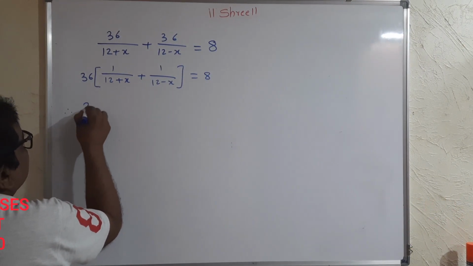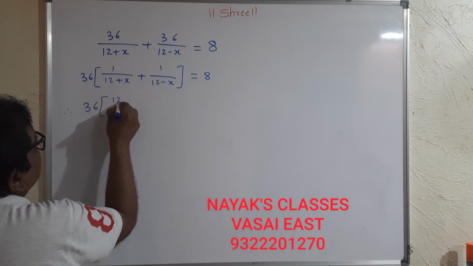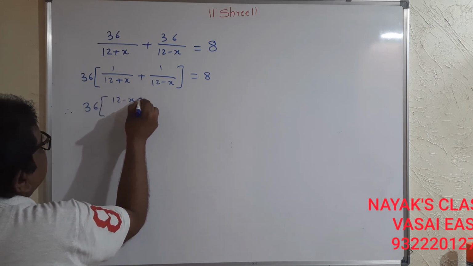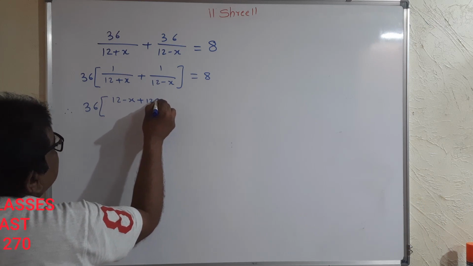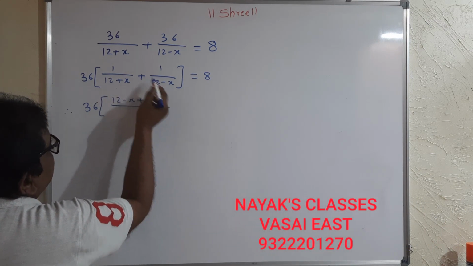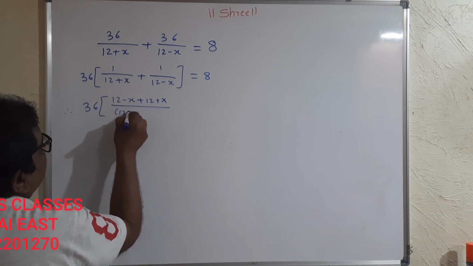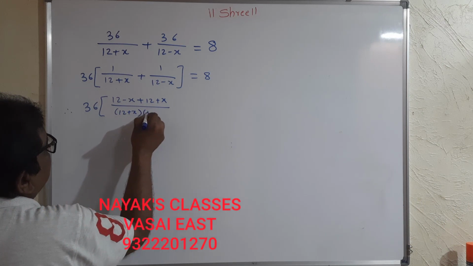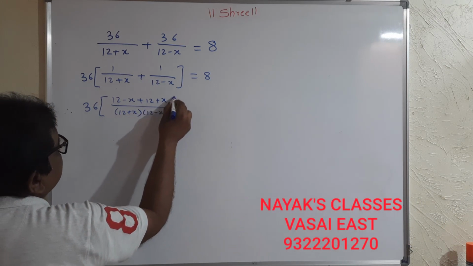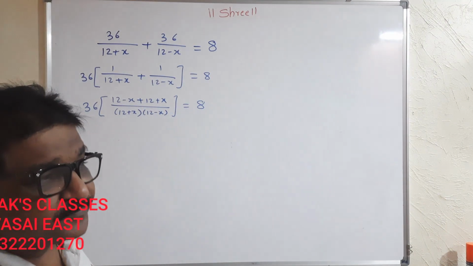Therefore, 36 into bracket, cross multiplying, 12 minus x plus 12 plus x upon 12 plus x into 12 minus x, simple cross multiplication, is equal to 8 hours.